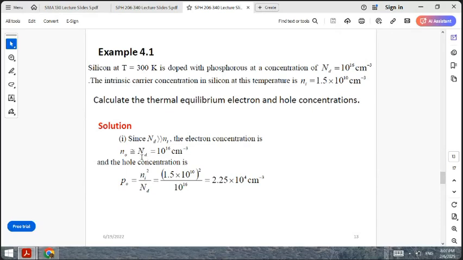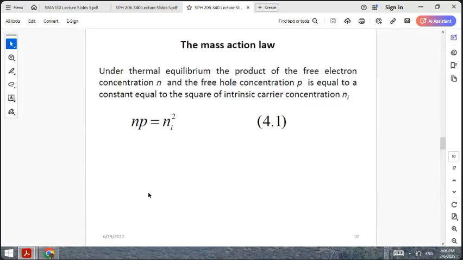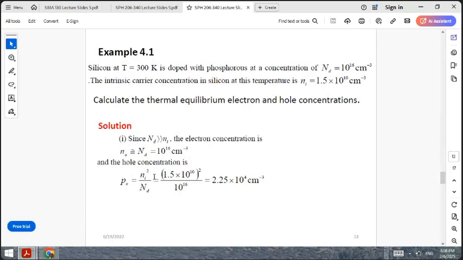Then once we get that, we can now say, okay, we want P. If we want P, we look at where there is N, we substitute with N subscript D, which is the donor concentration, in this equation, and that's what we have done here.